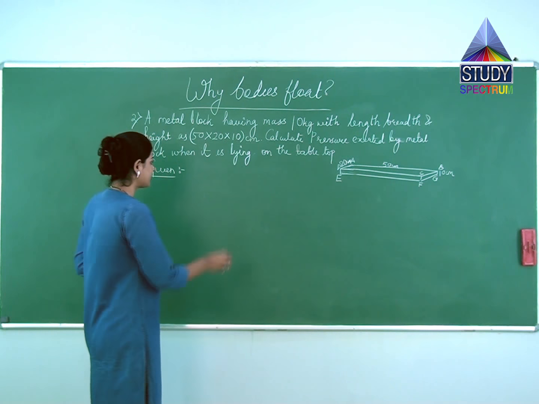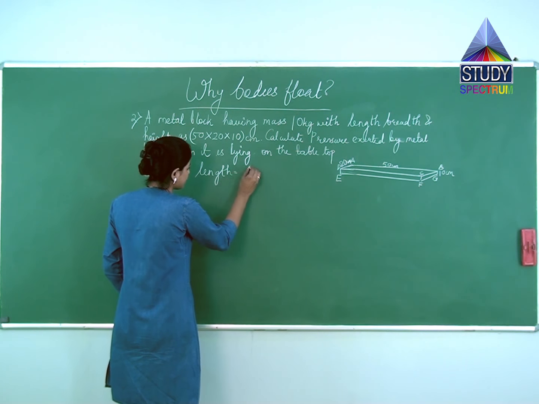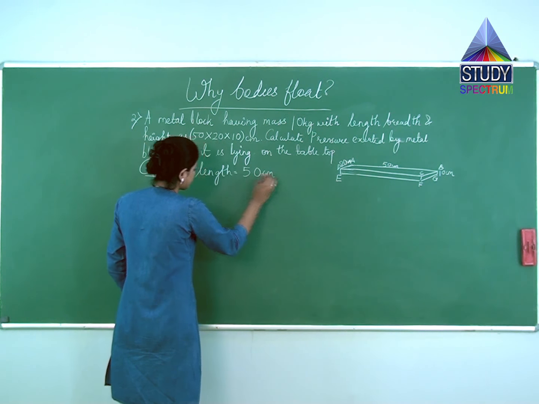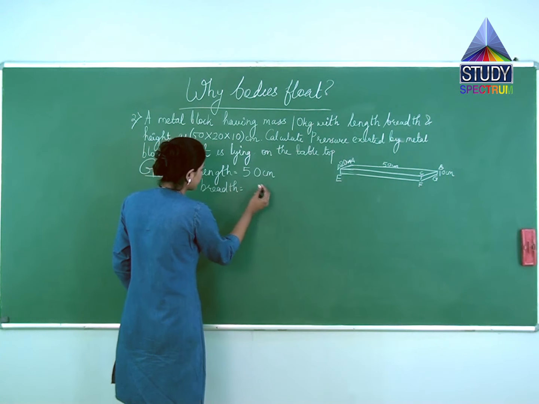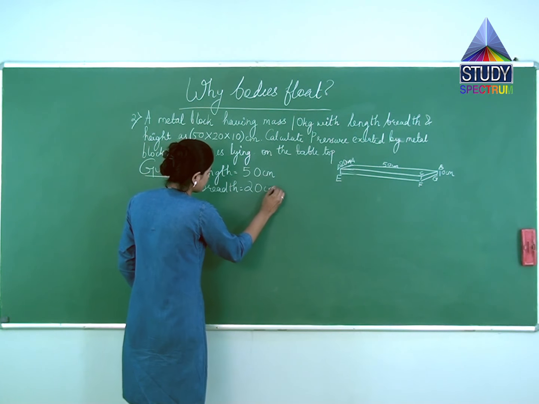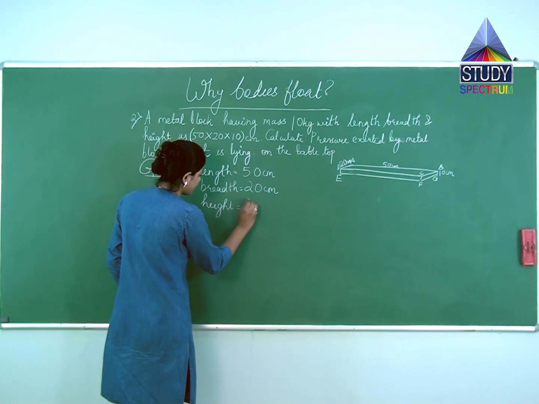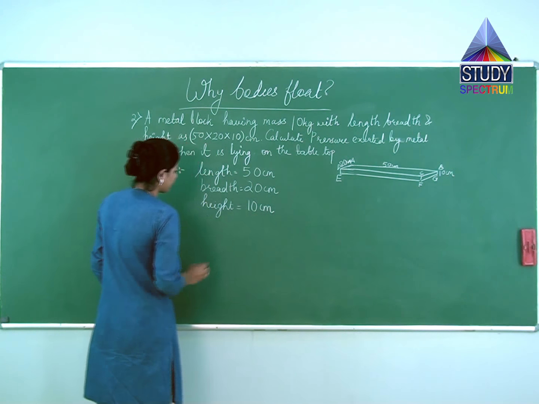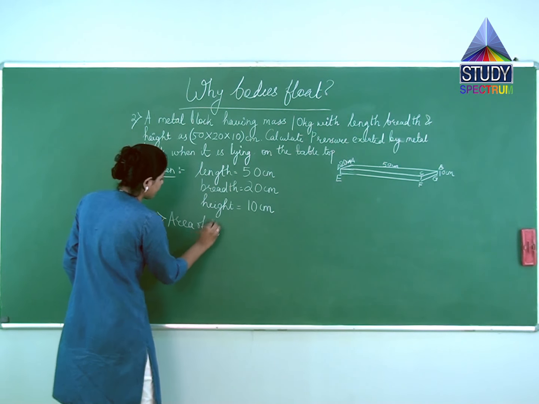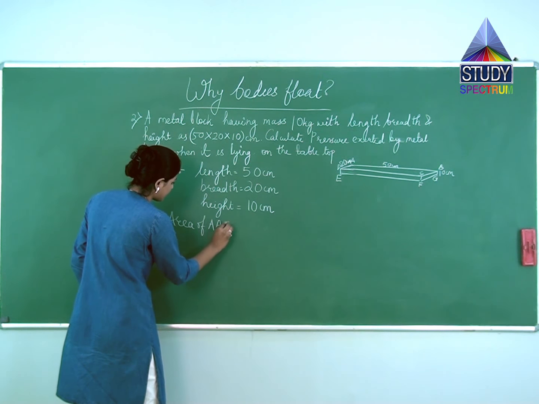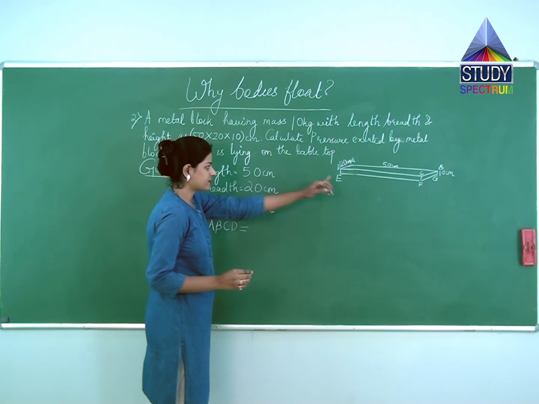So first we will note down the given data, which is length is equal to 50 centimeters, breadth is equal to 20 centimeters, and height is 10 centimeters. The very first thing that we have to do is find the area of surface ABCG.